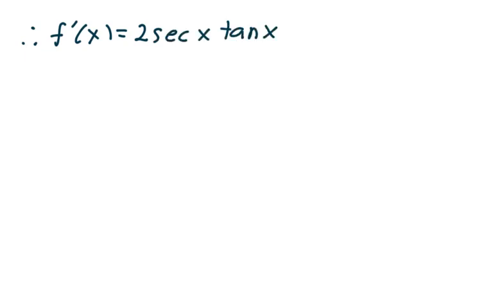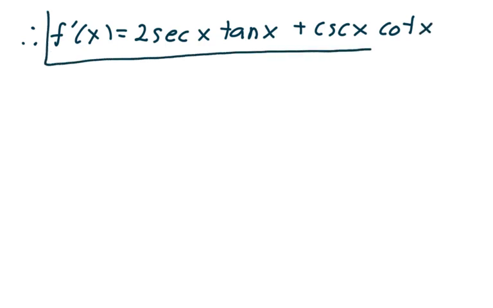And so, therefore, f prime of x is going to be 2 secant x tangent x plus cosecant x cotangent x. And that's how you do the second example.